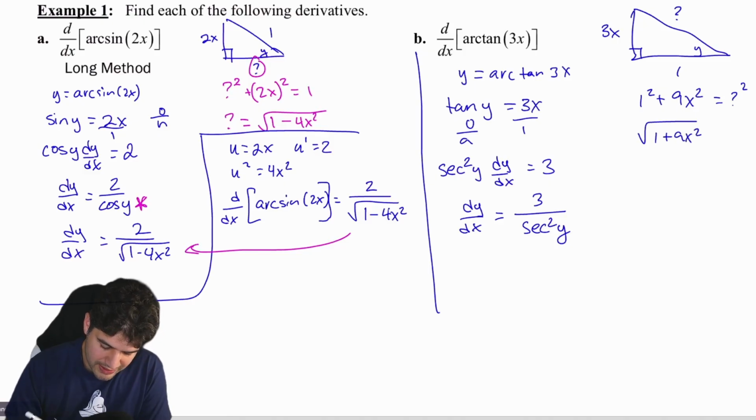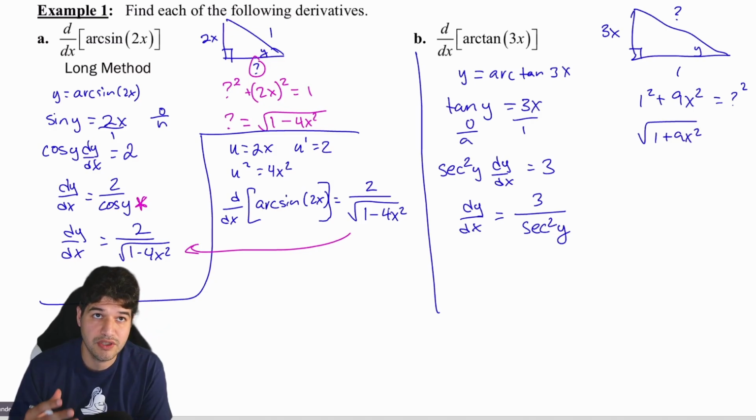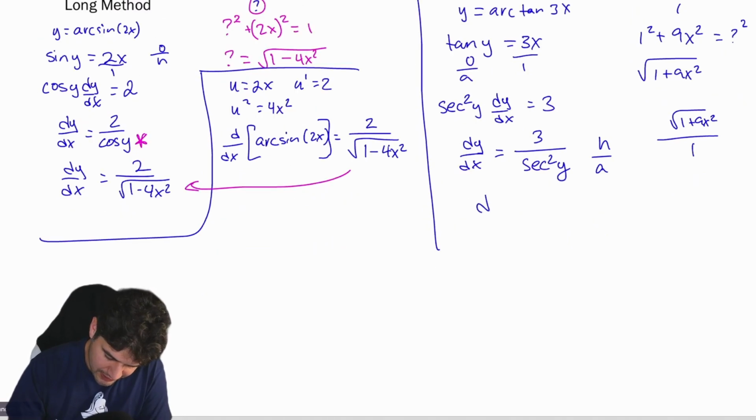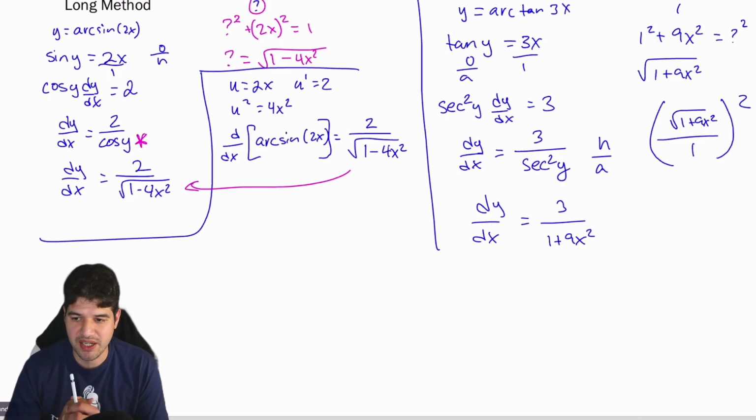I want secant, and secant is the reciprocal of cosine, and cosine is adjacent over hypotenuse, so we want hypotenuse over adjacent. My hypotenuse is the square root of 1 plus 9x squared, and my adjacent side is 1. So dy dx is going to be 3 over 1 plus 9x squared, after squaring the square root, and that is my final answer.